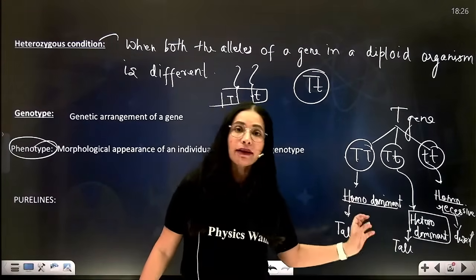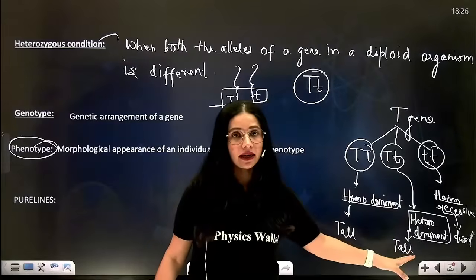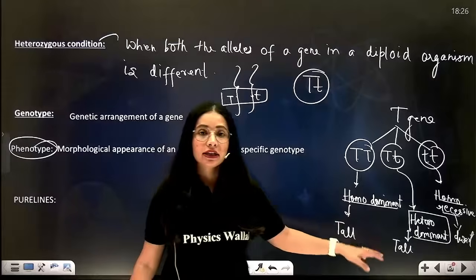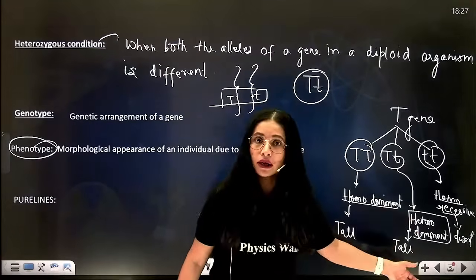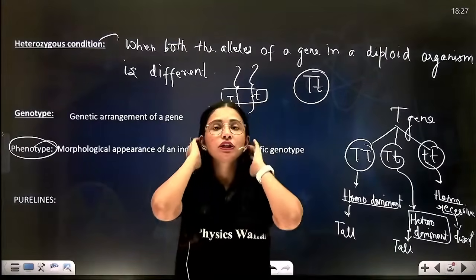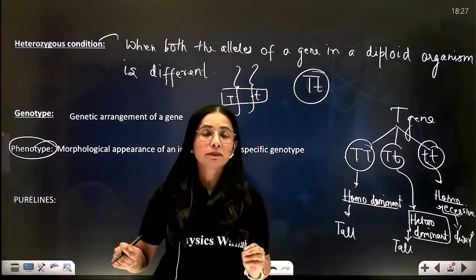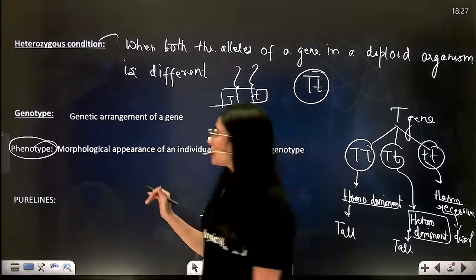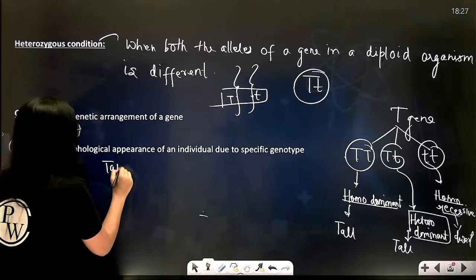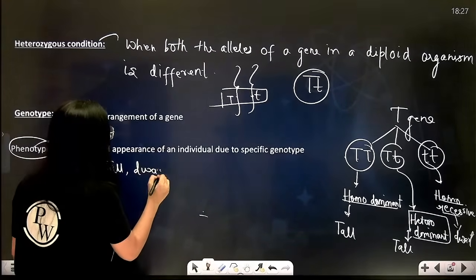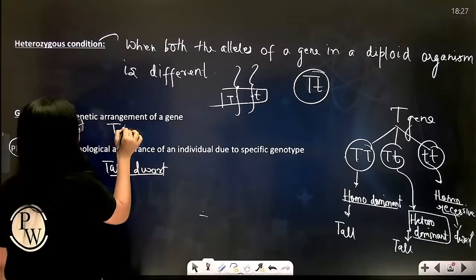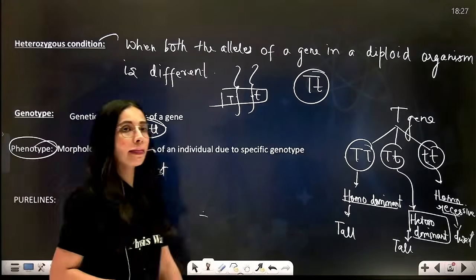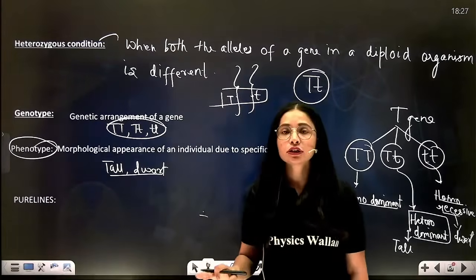However, their genotypic arrangement, whether tallness is due to capital T capital T or capital T small t, that arrangement of genes in a diploid organism is known as genotype. So tall, dwarf, these are phenotype. What is genotype? This is genotype. Clear? Yes or no?